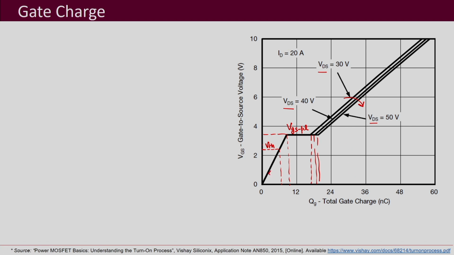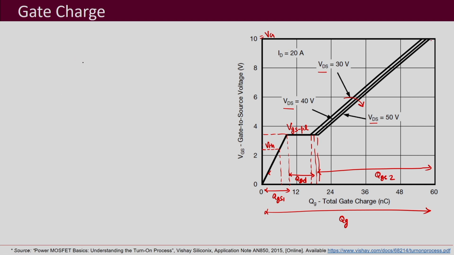So, this part is your QGS1, this part is QGS2, and the interval in between for the Miller period is our QGD. Alright, and the total charge associated with it is QG, and that depends on how much Vg we have applied. Let us say if 10 volt is equal to Vg, it has to reach up to here.